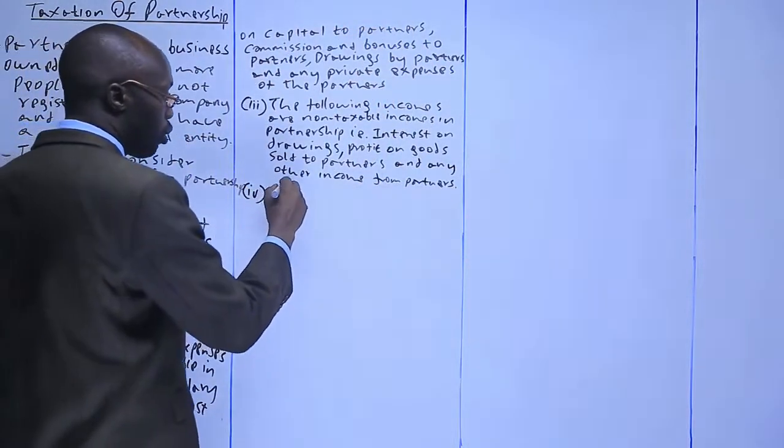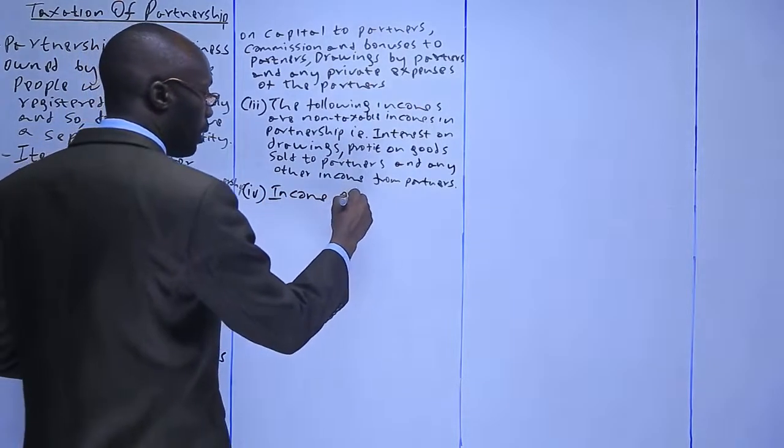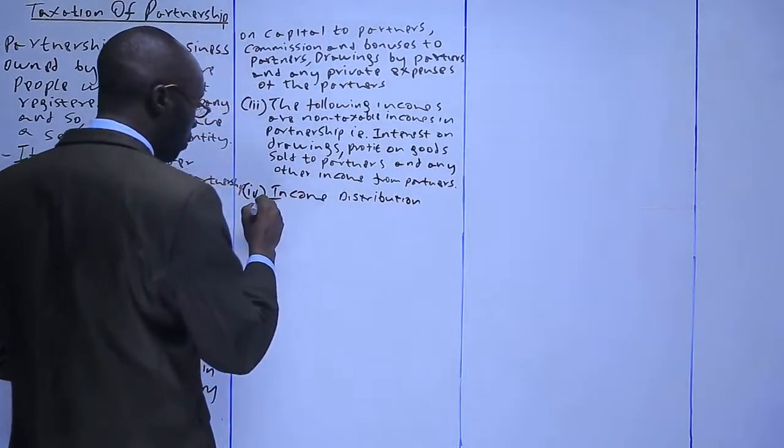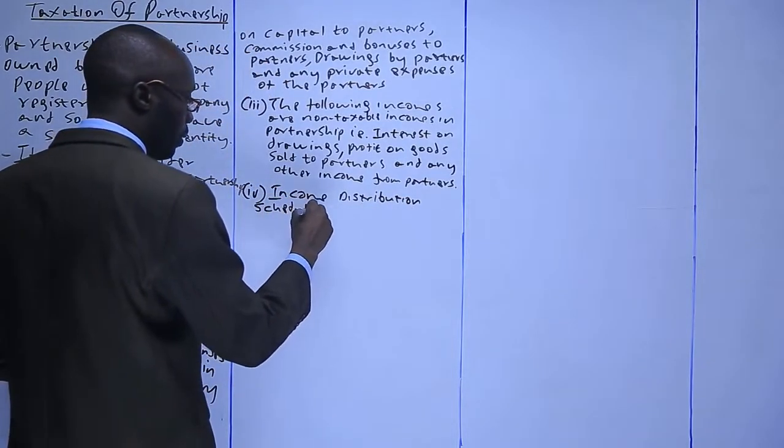The fourth one is the income distribution schedule. What does that mean?